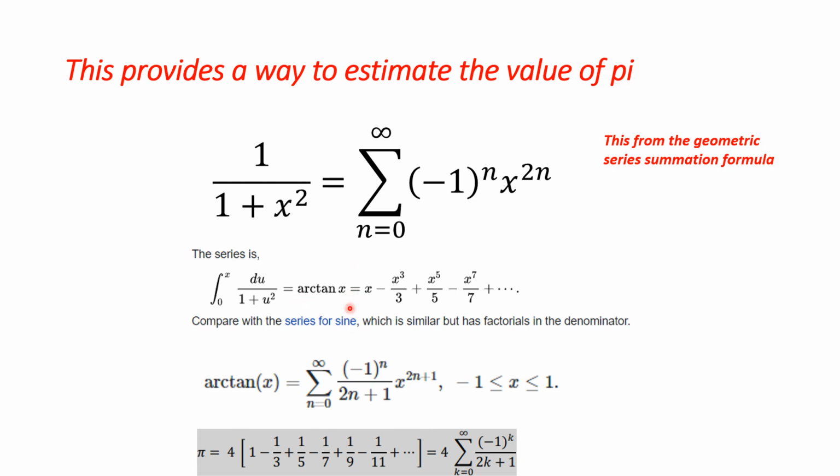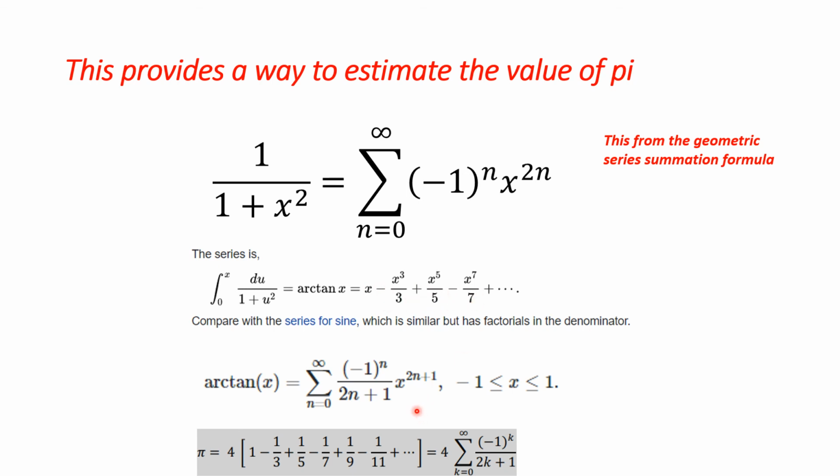Now the arctangent of 0 is 0, so those drop out. So this is the arctangent of x. But if I then integrate this term by term, what will happen is I will add 1 to the exponent and divide by the new exponent. And so this is what I get for the arctangent of x, this infinite sum, which is exactly the one that we saw up here.